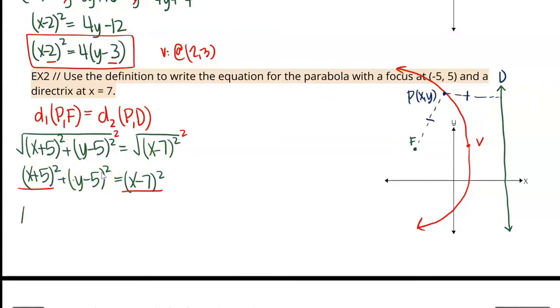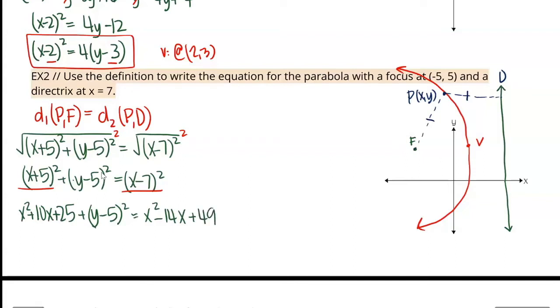So this will be x squared plus 10x plus 25. Leave the y stuff as it is. And on the right we'll have x squared minus 14x, spacing out, sorry, plus 49.